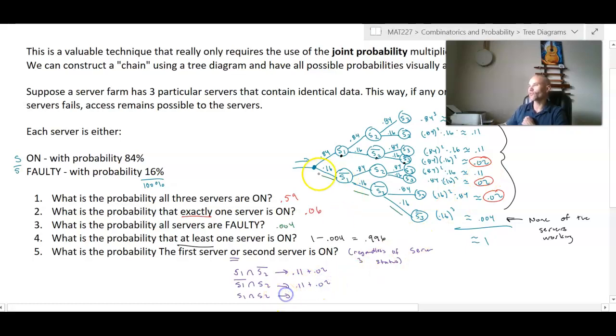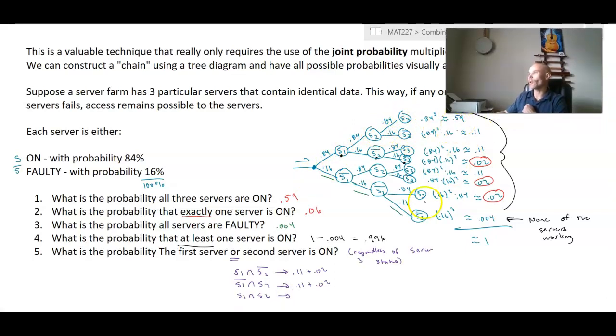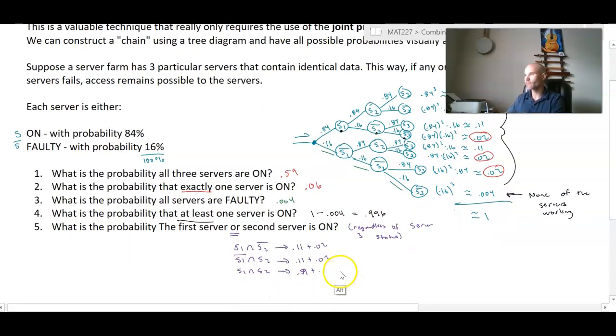And then finally, server 1 and server 2 are both on. Doesn't matter the status of server 3, that's going to be the 0.59 plus 0.02. I'm sorry, 0.11. So we have 0.13, and here we have a 0.7.